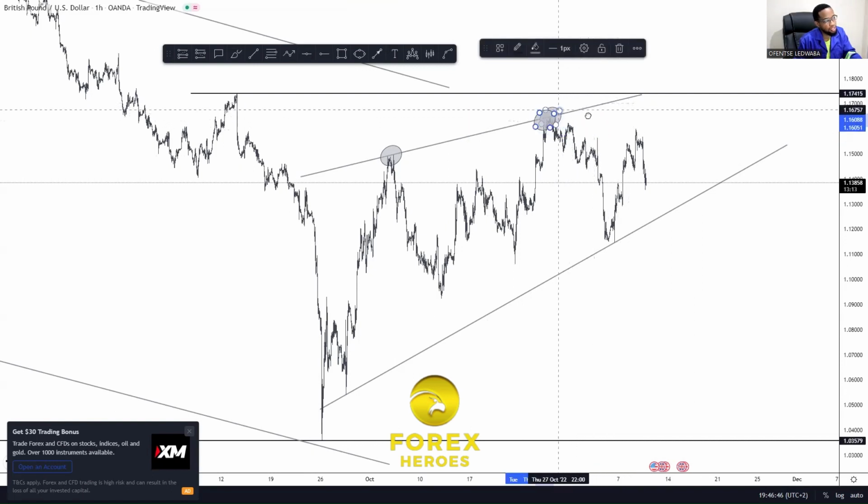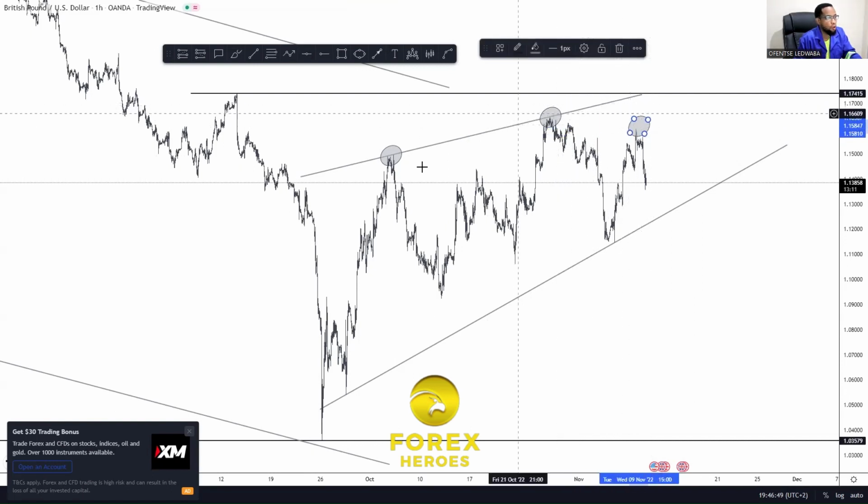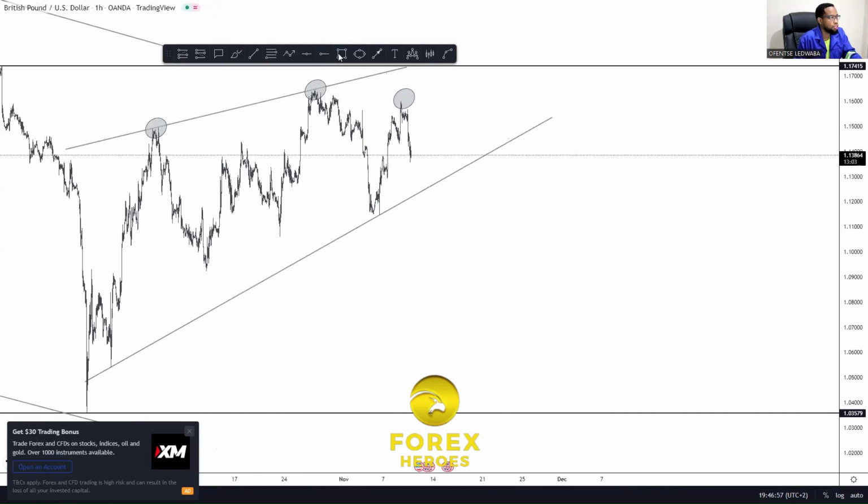You can see that this is still holding, this will be our 3rd touch, because you can see that it's being rejected. Understand? Sometimes you have those double top formations that come like this. They don't always look like this. You understand? So there's a gap here, but it's still regarded because price is rejecting this level.